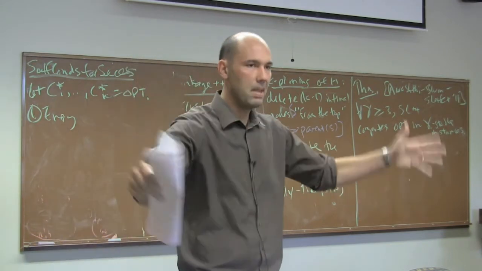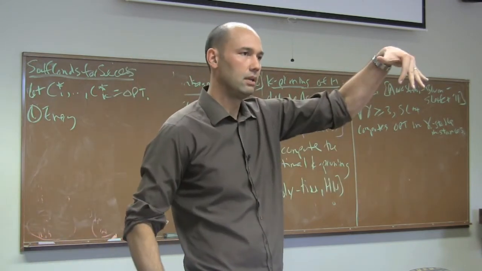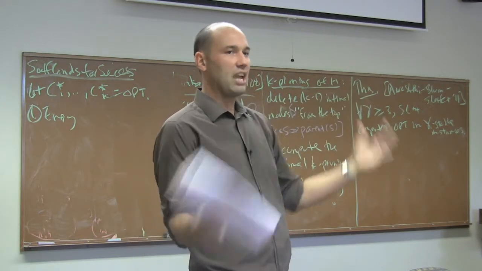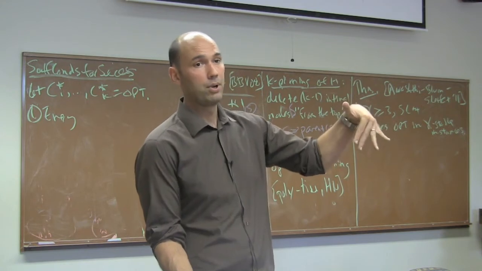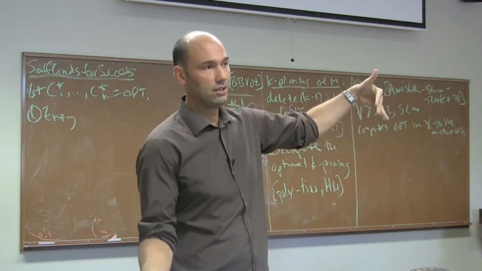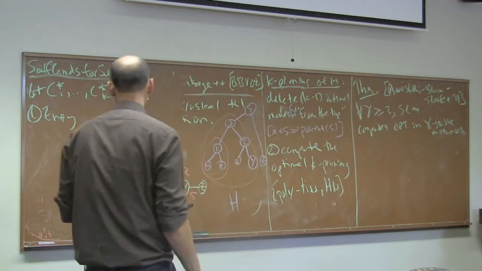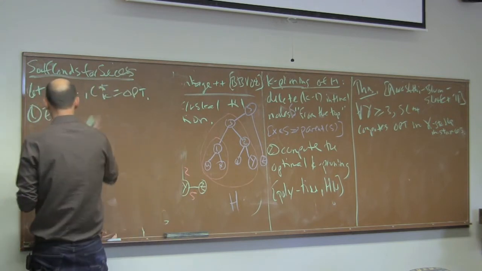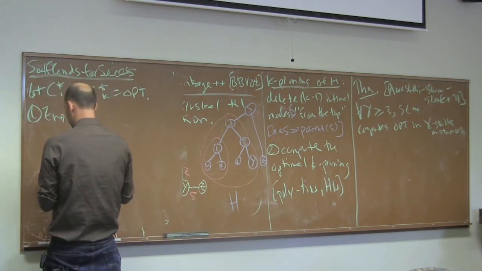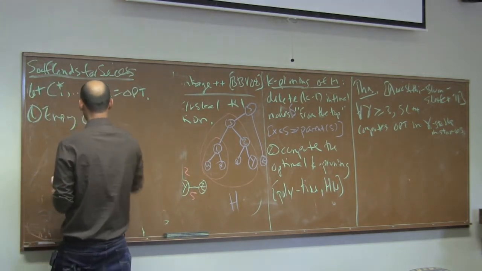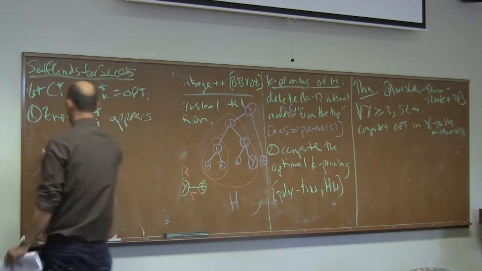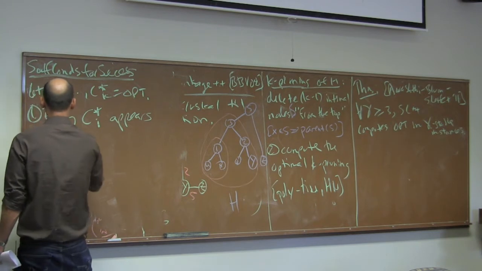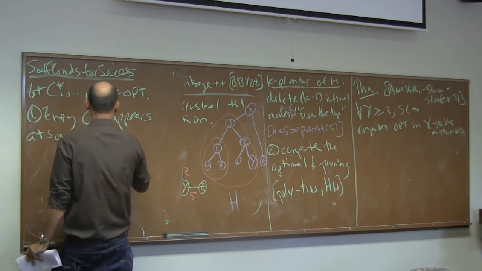So we've committed to outputting subtrees. For us to have a chance at outputting the optimal clustering, every optimal cluster better show up as a subtree in this tree. This is really just rephrasing a little what it means to succeed. So every C star i appears at some point in Kruskal.